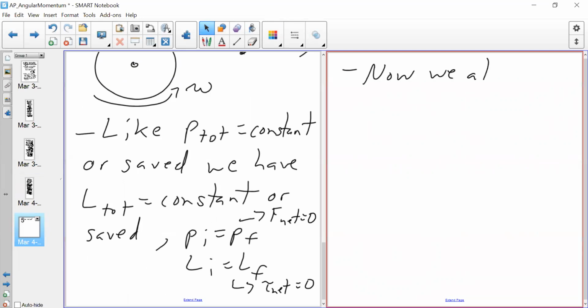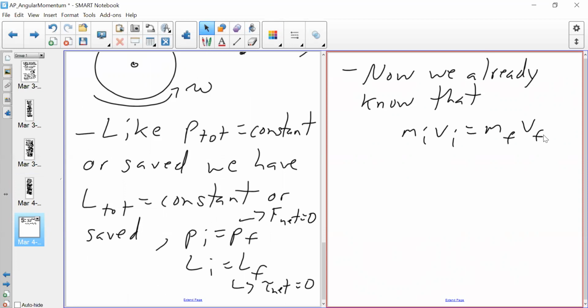So given those stipulations, we already know MIVI equals MFVF. That's for the linear stuff. And so the angular momentum will be very similar. Moment of inertia times angular velocity, not linear, is going to be the same: the moment of inertia in the end times the angular velocity in the end.